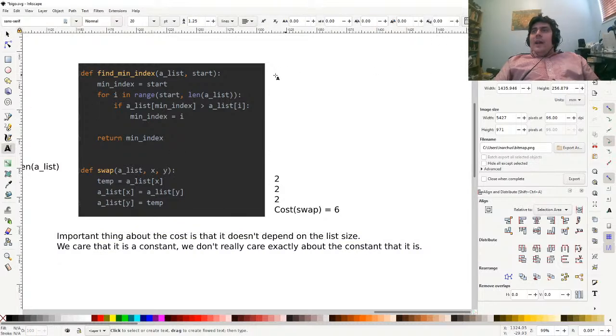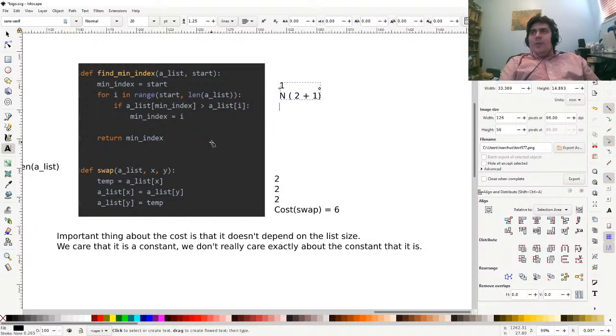Okay, so now let's compute the cost of this function. So this is basically an assignment or something. Let's just call that cost 1. And then here we know that whatever happens in this loop is going to happen n times. And then it's going to be n times the cost of an if statement, which is, say, 1 or 2 maybe, and then the assignment, right?